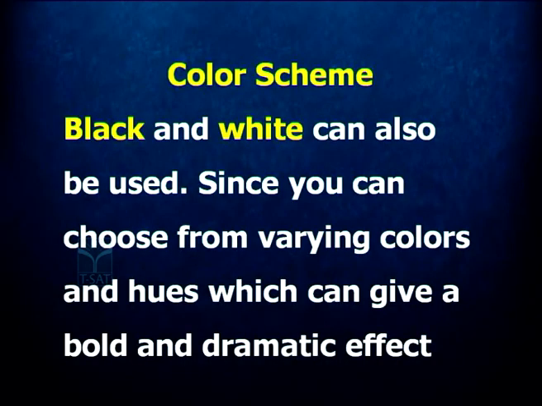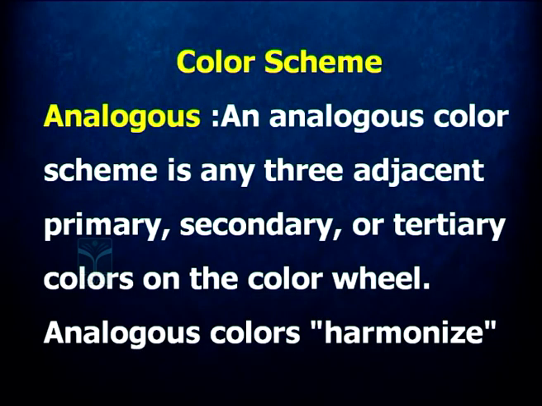Otherwise, we can also see black and white as complementary colors, black and white complementing each other, and we know we use it regularly, black as opposite to white. So, black and white also work as complementary colors, they create a complementary effect.